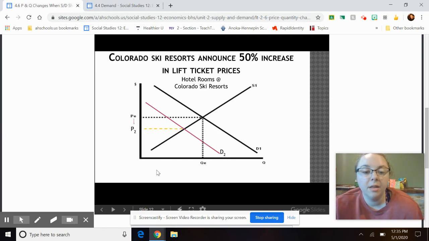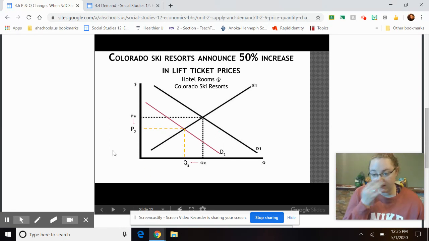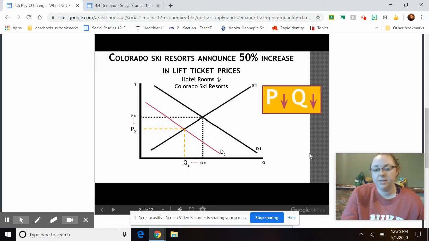So the price would end up decreasing, price equilibrium would decrease, and quantity equilibrium would decrease. We wouldn't be supplying as many rooms because there's less demand for it. And the price would also go down because we aren't having as many people stay there, so we wouldn't be making as much money. So that is where that would go. And it shows price decrease, price decrease.